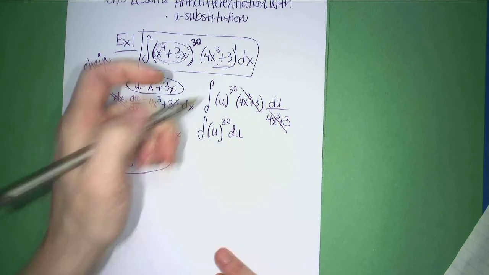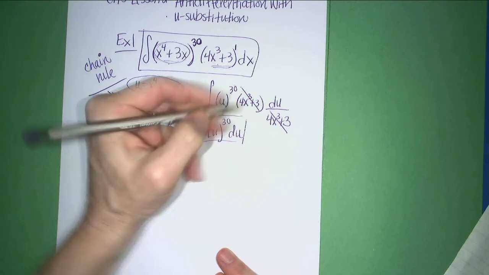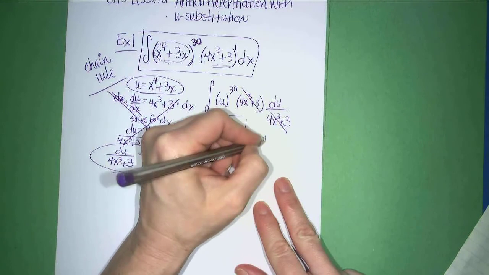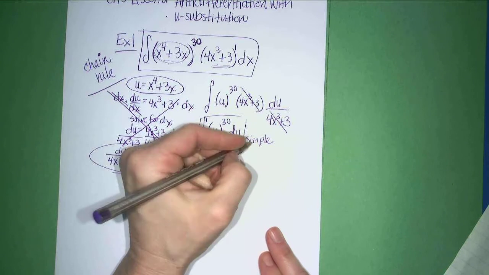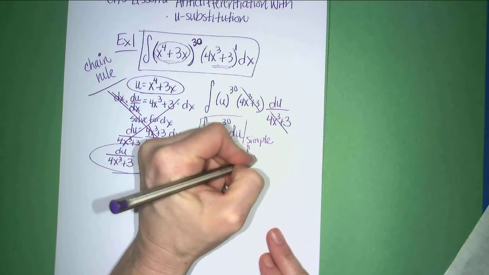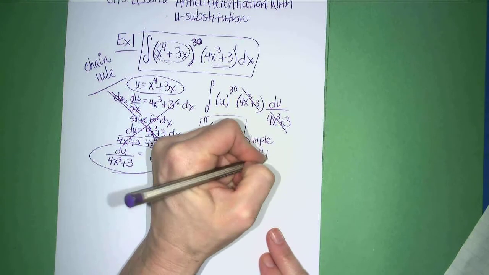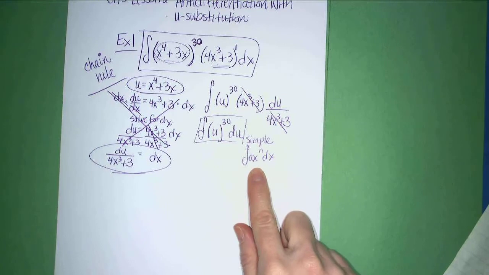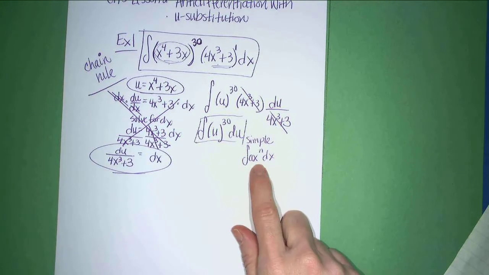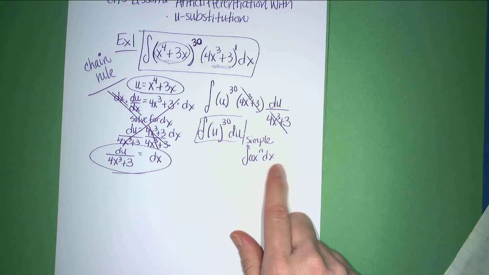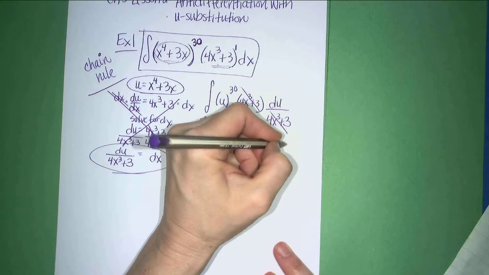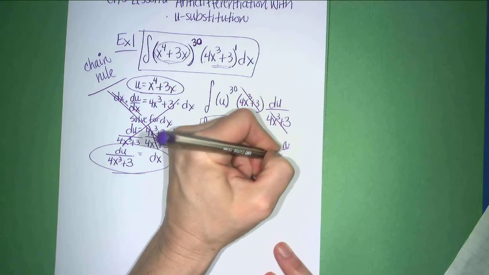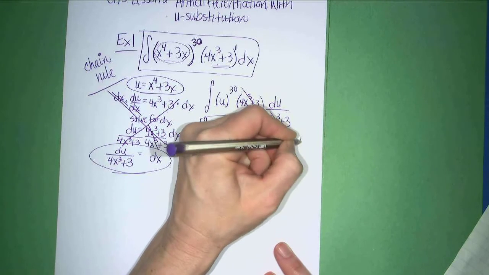Now, if you look at this, this is very simple. It's got only U's in it, no X's, which is what I want, and this looks like the power rule backwards from yesterday. Remember this guy from yesterday? The antiderivative of a x to the nth power with respect to x is equal to a over n plus 1, x to the n plus 1 plus c.